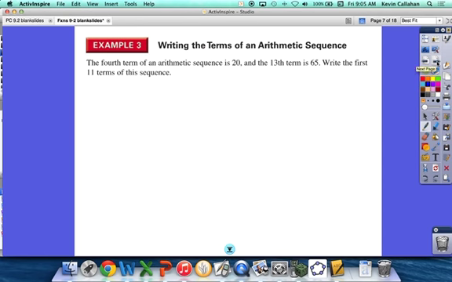Okay, writing the terms. The fourth term of a sequence is 20, and the 13th term is 65. Write the first 11 terms of the sequence. Okay. So let's see. The first 11 terms. I'm going to number this, right? 1, 2, 3, 4, 5, 6, 7, 8, 9, 10, 11.